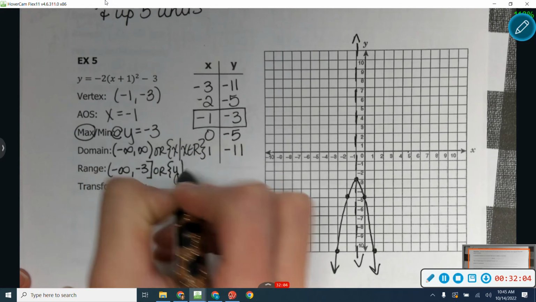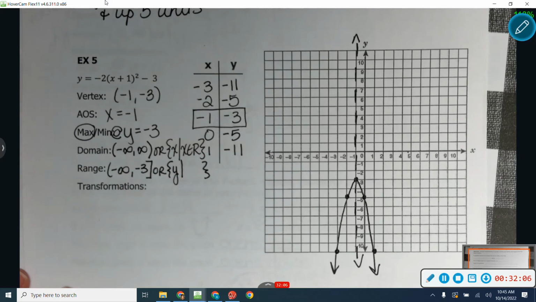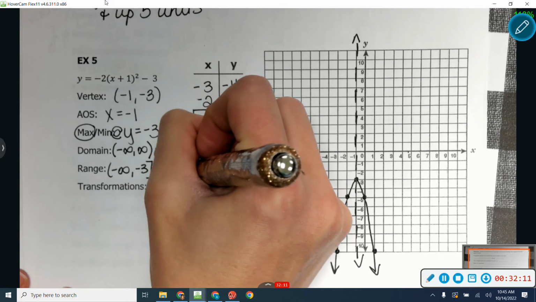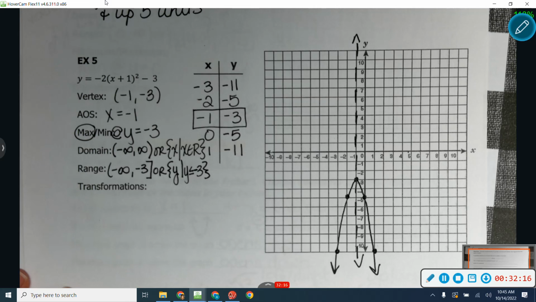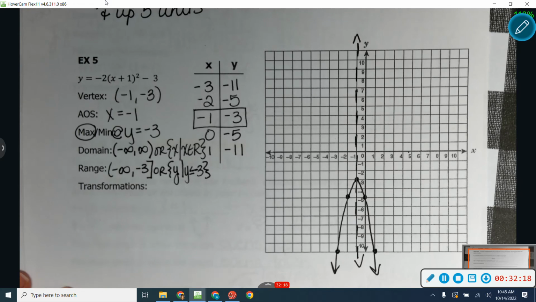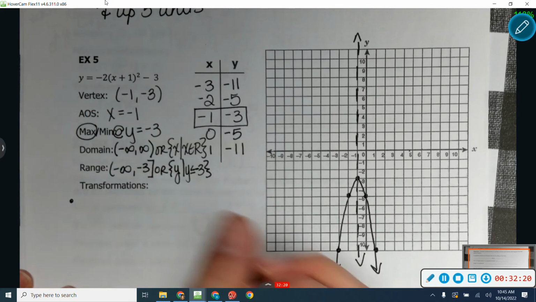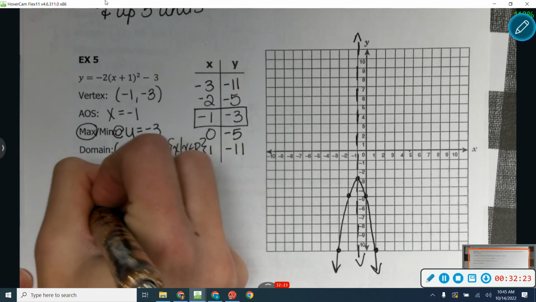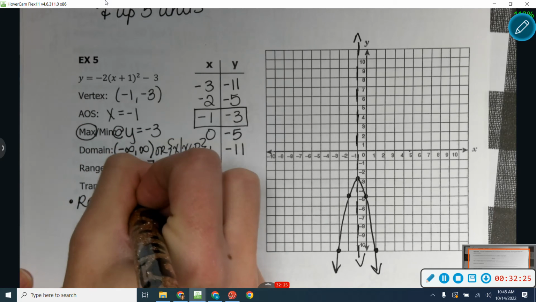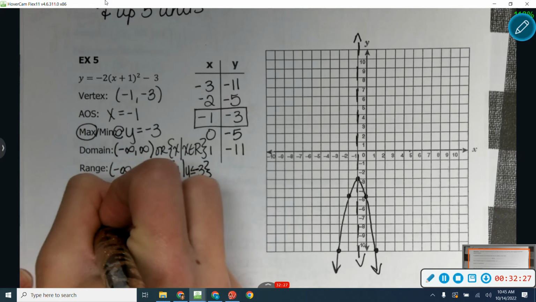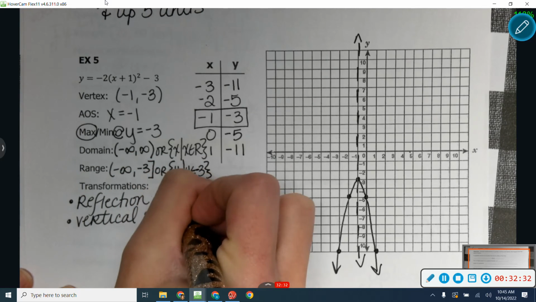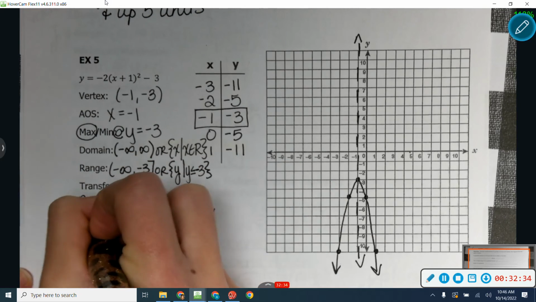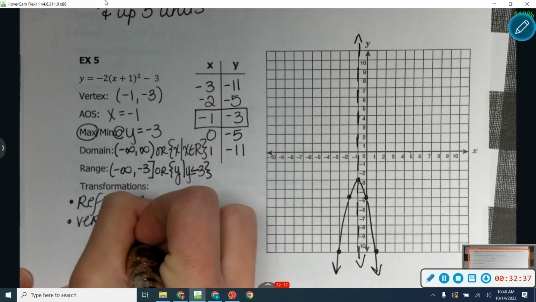Okay, if you're doing set builder, what am I writing? Very good. All right, my transformations. What do I have? Perfect.